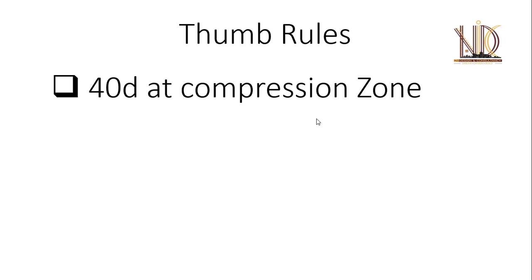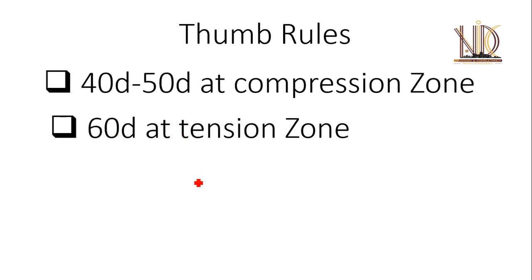Now if we talk about lapping length, as per thumb rules, practically we use these rules. Overlapping in the compression zone is 40 times D, somewhere we use 50 times D also, and at the tension zone it is 60 times D. What is 60 times D?